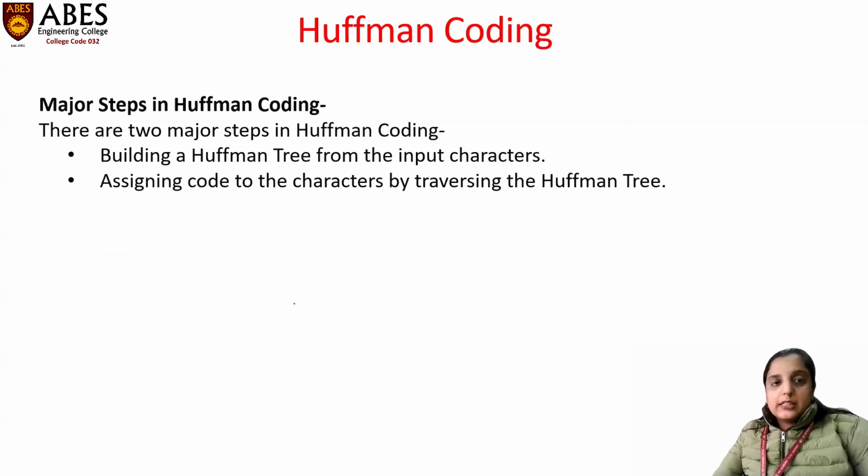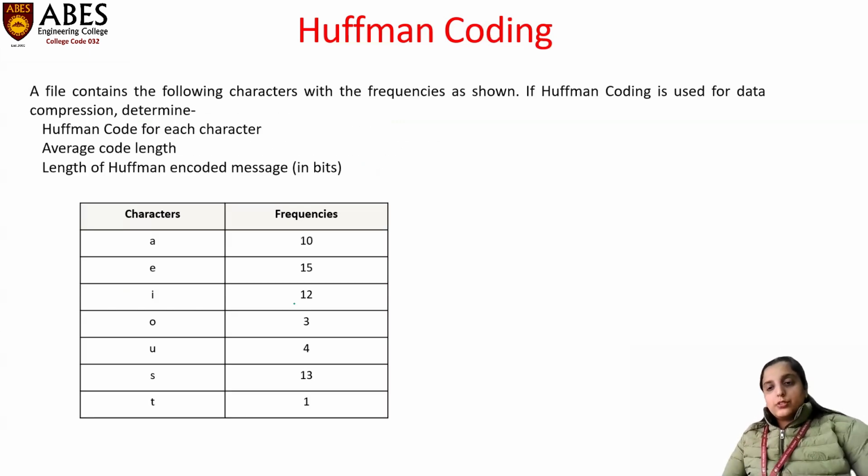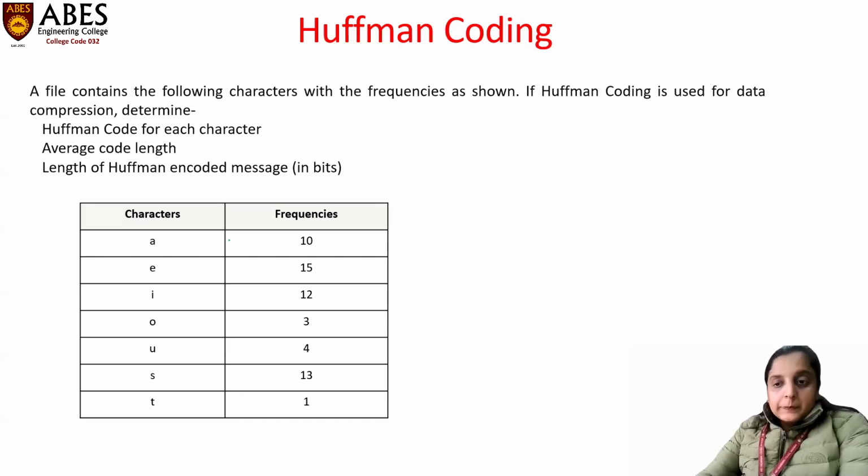Now let's understand how to solve the question if it comes in your university exam. Related to this subject, a Huffman coding numerical will be coming directly in your exam, and in the numerical they are going to ask you, at most, these three things. Let's start with the numerical. So here, let me take my pen.